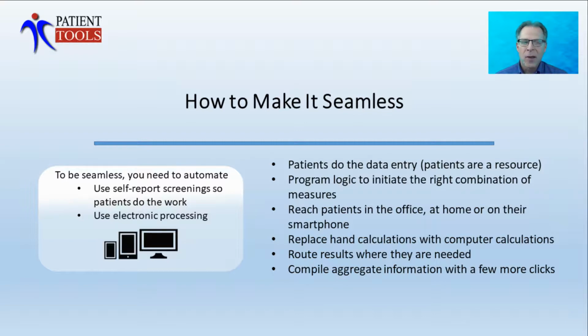In medical settings, you find that your patients are actually a resource. There's tremendous value if you use them properly. And the biggest thing is, have them do your data entry. That's what gets lost when you don't automate properly. The patient, with self-report screening, does all your work for you. It's a tremendous piece of the puzzle.